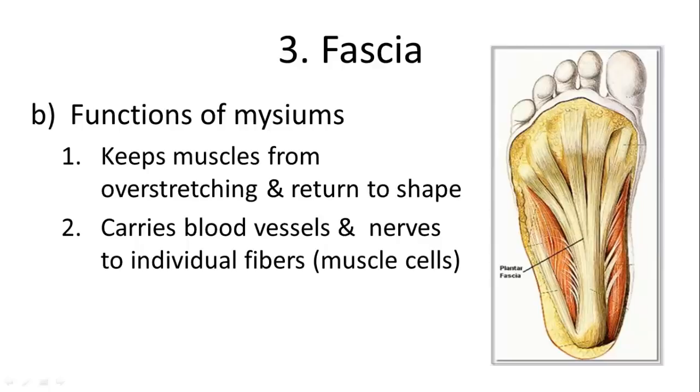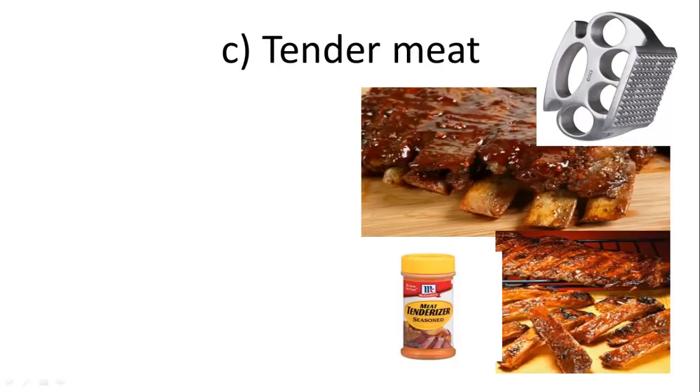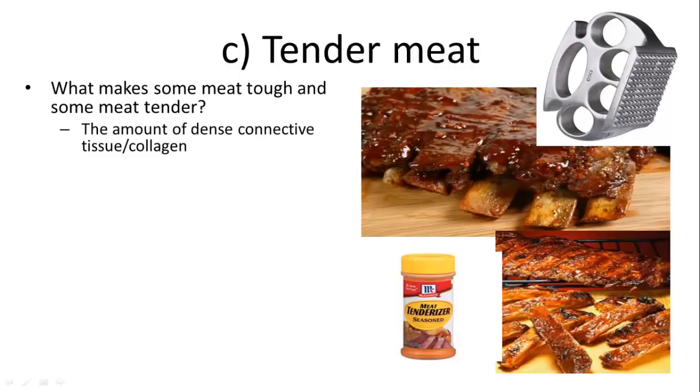The properties of fascia, or properties of meat which affect fascia, include the stiffness and rigidity of the muscle. So meat that is tender, that is cooked just right, has this fascia layer broken down.